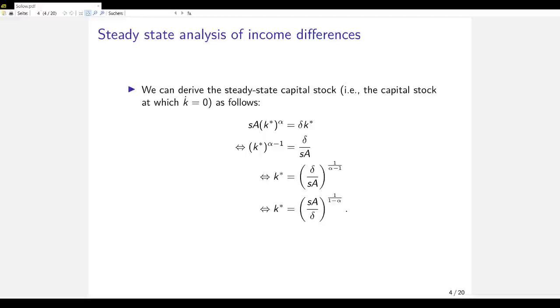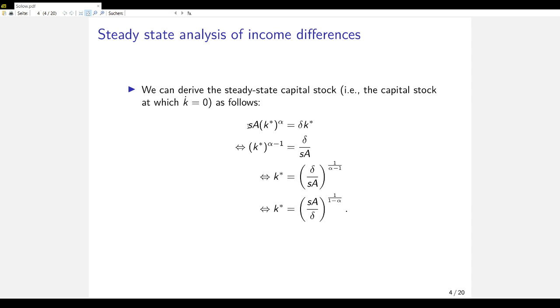The difference is the change in the capital stock per worker. Now, if we focus on steady-state differences between countries, we of course also focus on the steady state of the fundamental equation. That is the case where the capital stock does not change anymore, so when capital per worker does not accumulate anymore and the time derivative of capital per worker is 0.